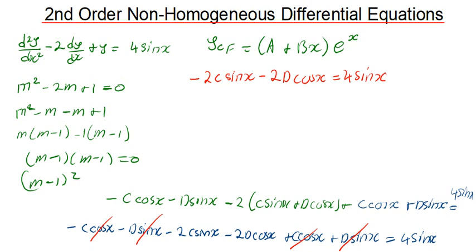Then what are we able to do here? You can equate the cos terms with whatever cos terms you have on the other side. Since there is none, we equate the sine terms: minus 2c sine x is equal to 4 sine x. So you're equating minus 2c to 4, meaning my c is equal to negative 2.